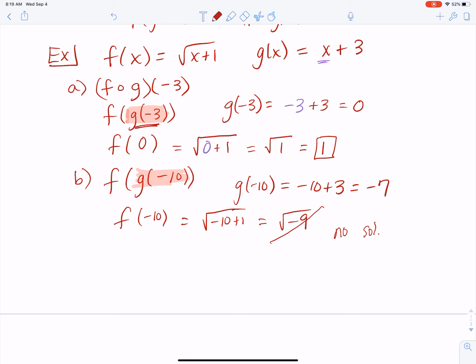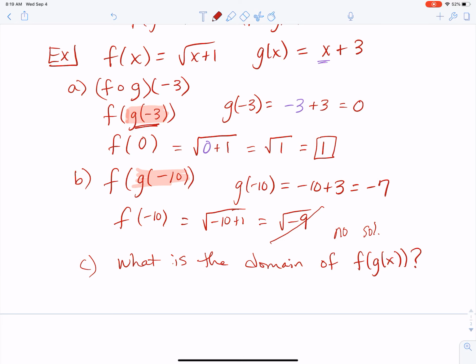And that leads into my next point. If I were to ask you for this composition, what is the domain? I obviously don't write as neat on this computer as Miss Willis does. What is the domain of f of g of x?